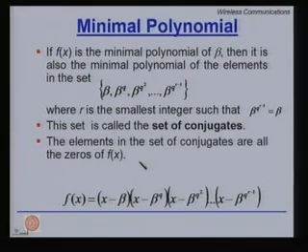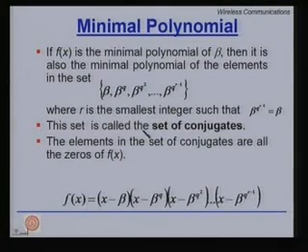So, if f(x) is the minimal polynomial of beta, then it is also the minimal polynomial of the elements in the set beta, beta raised to the power q, beta raised to the power q squared, and so on and so forth. This can be shown, where r is the smallest integer such that beta raised to the power q raised to the power r is beta. It is a property.